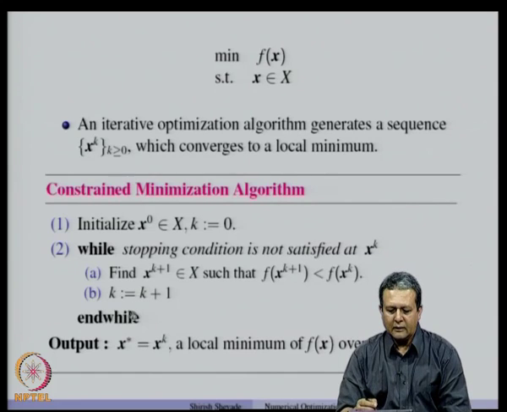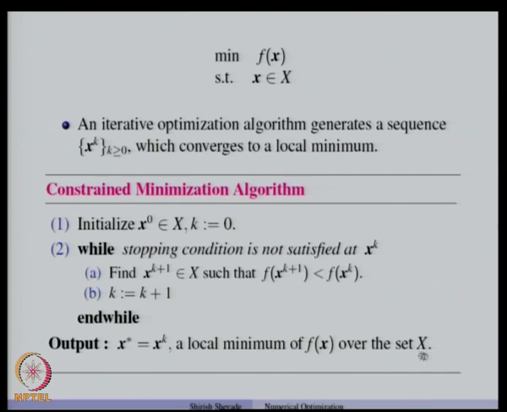Finally, when the algorithm terminates, we get a local minimum of f x over the set X, which is a feasible set. So, this is one of the solutions of this problem.